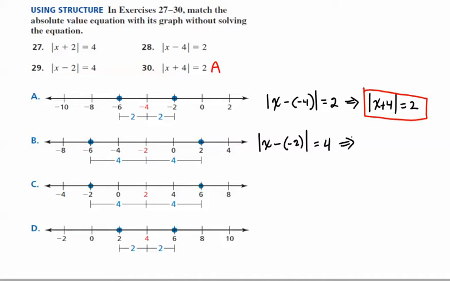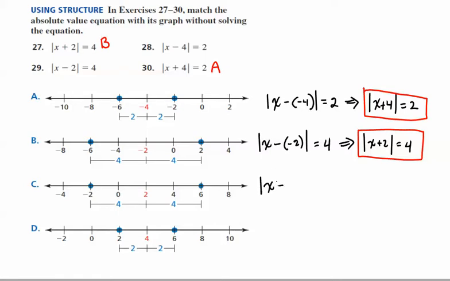And so we get absolute value of x plus 2 is equal to 4, and that would be the equation that goes with that graph, and we can see that that is number 27, so 27 is B.